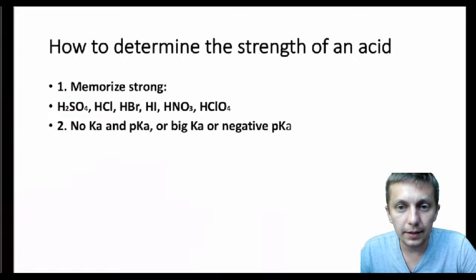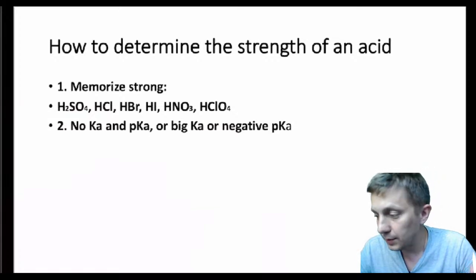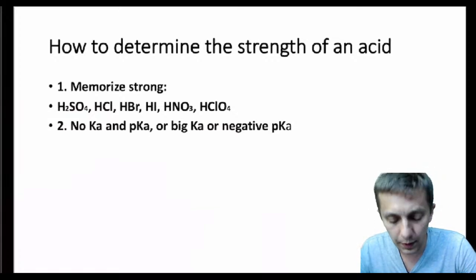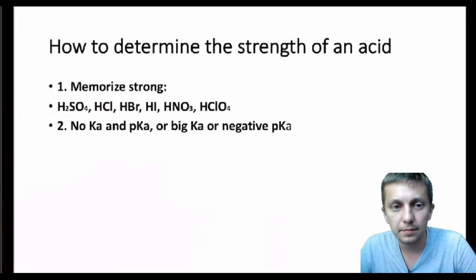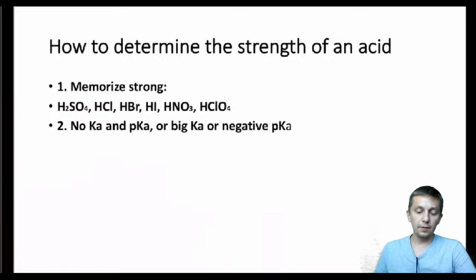How do you determine whether you're dealing with a strong acid or a weak acid? At first, you can memorize that most acids are weak. So if you're dealing with H2SO4, HCl, HBr, it means you're dealing with a strong acid.